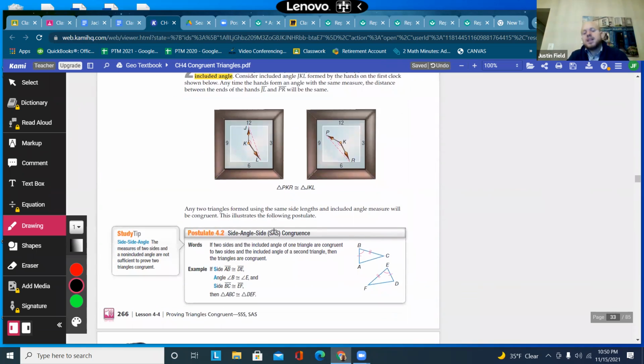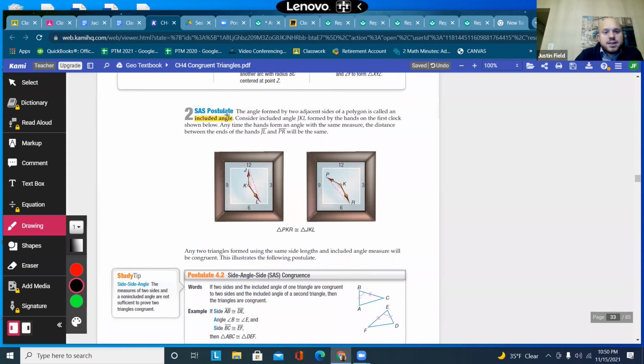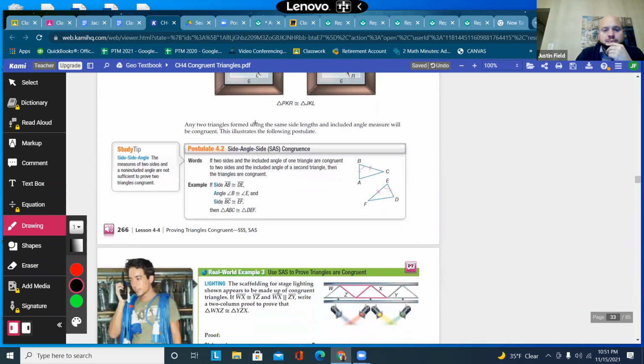Then the last thing we're going to talk about here is side angle side. So side, side, side, and side angle side. What is that? It's all about the included angle, or the angle between two congruent sides. All right.